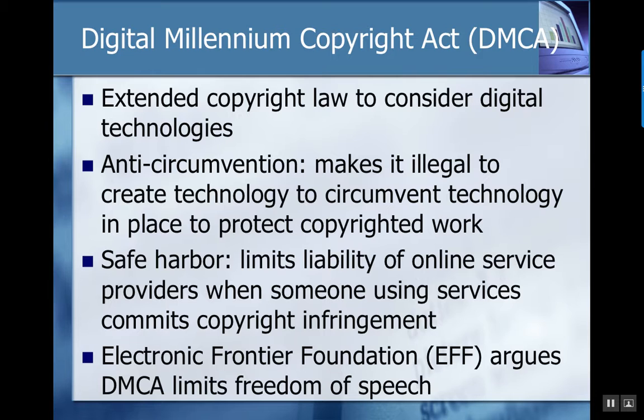But it's an important law, one you want to be aware of, and what its intentions are: to take traditional copyright law and add additional capabilities to deal with the introduction of technology.